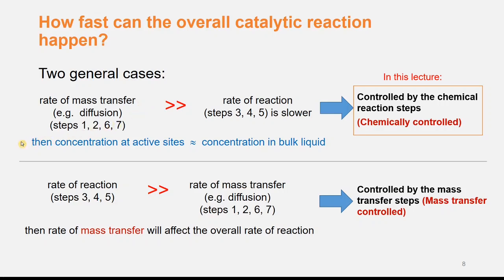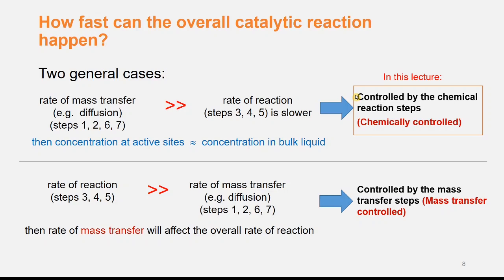Here, the reaction is very slow, so the reactants have time to diffuse through the pores and build up at the active sites. Product can only be formed at the rate that the surface reaction can proceed. This is called chemically controlled because it is the chemical reaction rate that controls the overall rate.